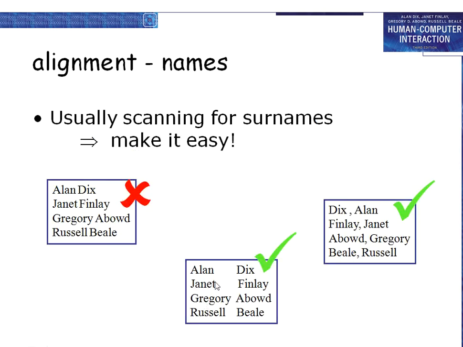Okay, this is an example of how to make alignment on names. It is not easy for us to recognize which is the surname or last name and which is the first name.